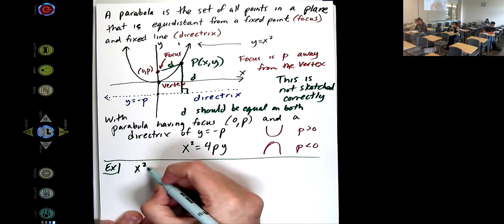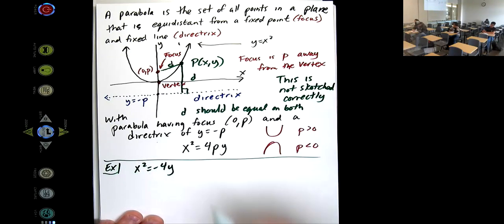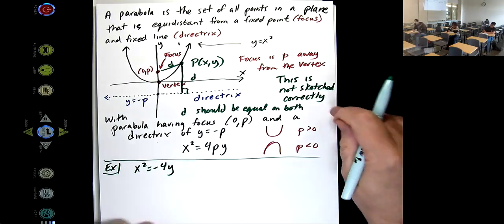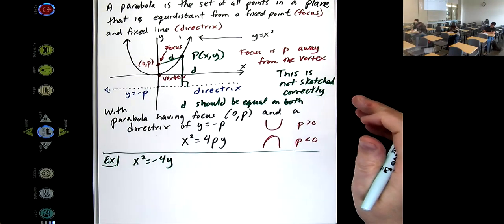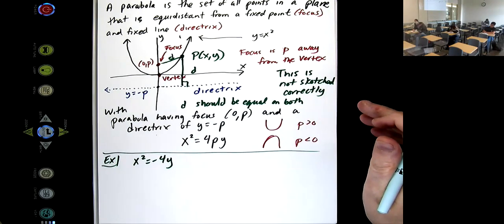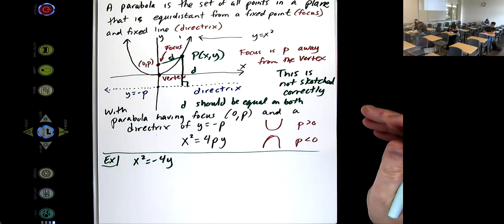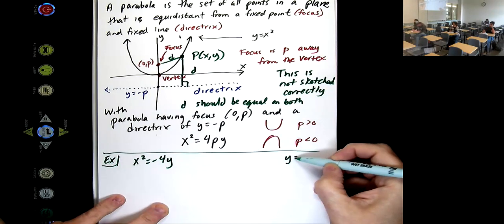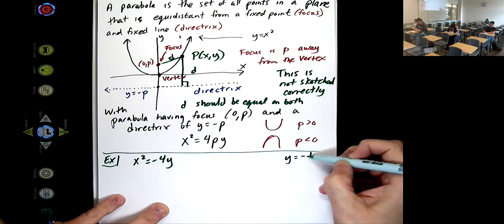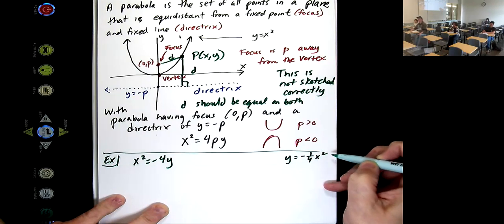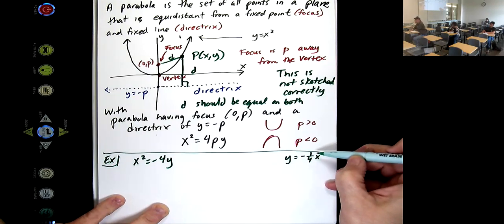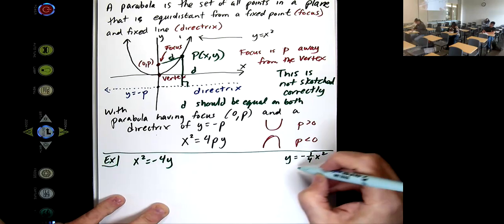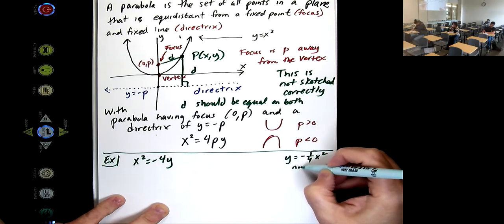x squared equals negative 4y, which is the same thing as y equals negative 1/4 x squared. That's how we normally look at it, but we're not going to do that here. That would be the normal way of looking at it.